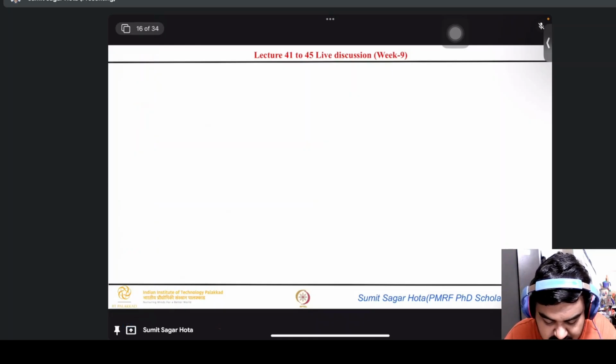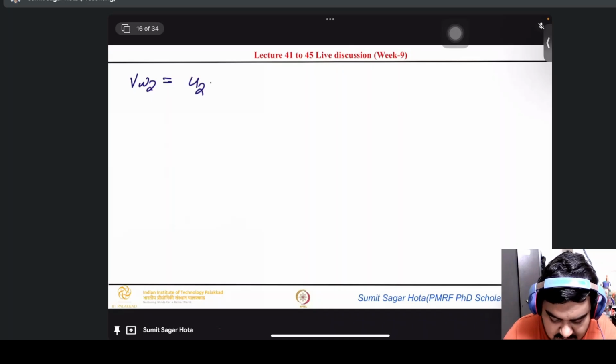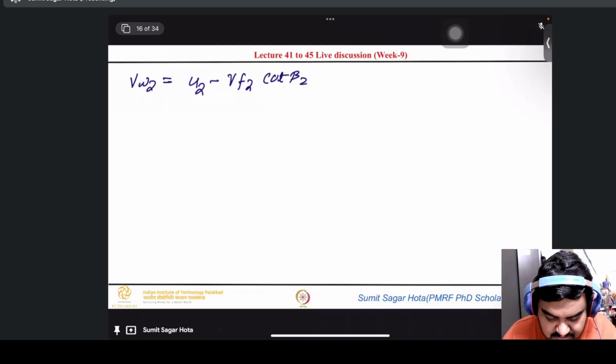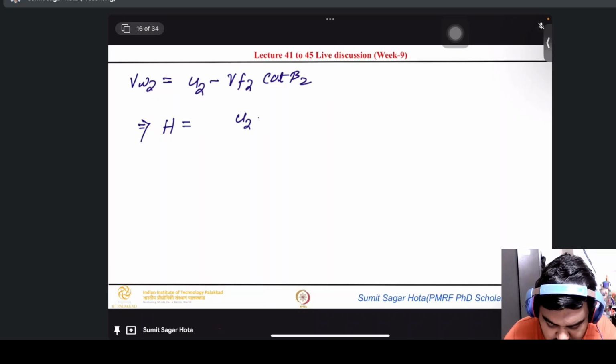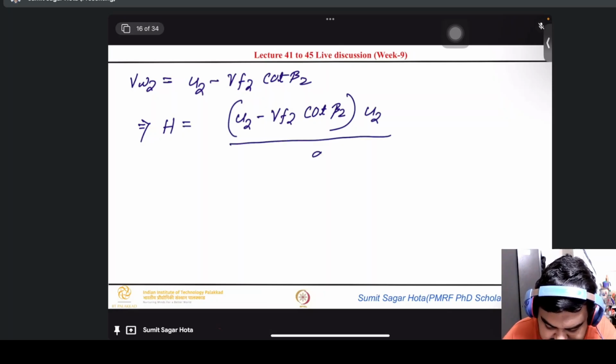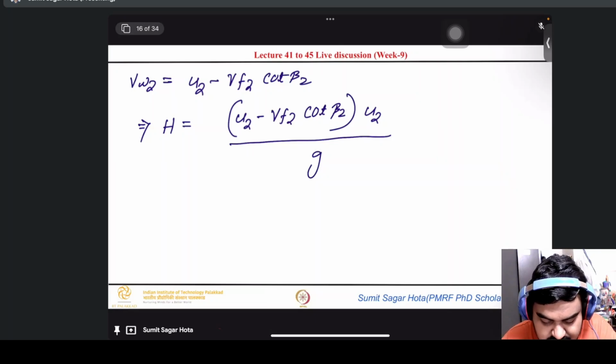Next we know one thing. What is Cw2? Cw2 is equal to U2 minus Cf2 into cot beta 2. So substitute the Cw2 in the H equation. H is equal to U2 minus Cf2 into cot beta 2, into U2 divided by g.